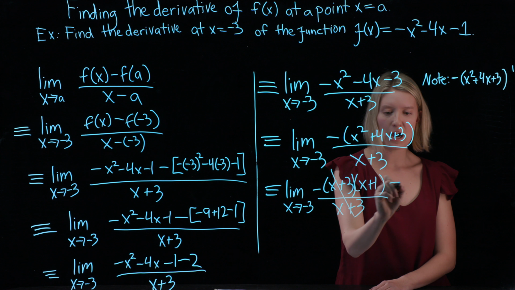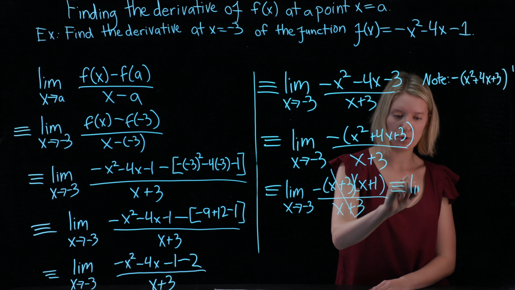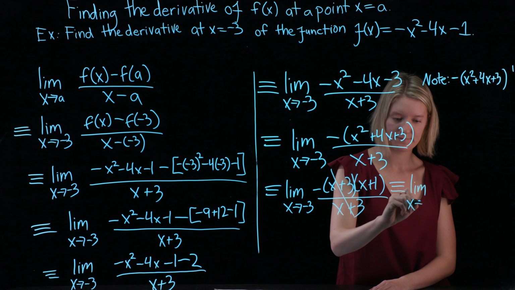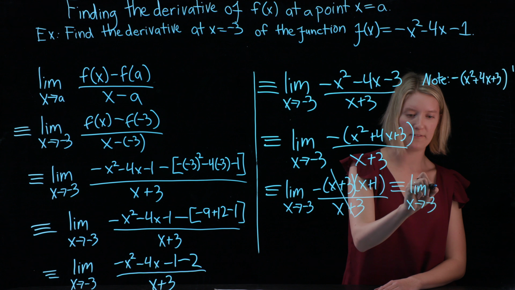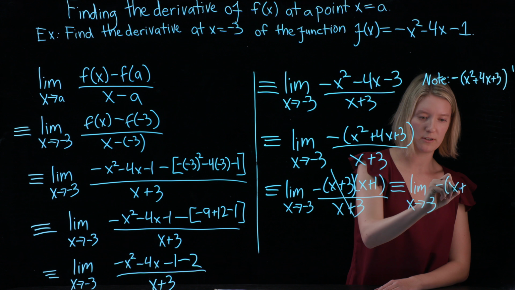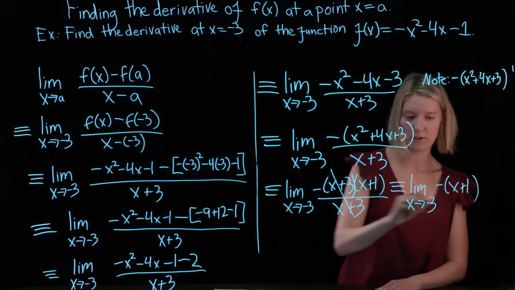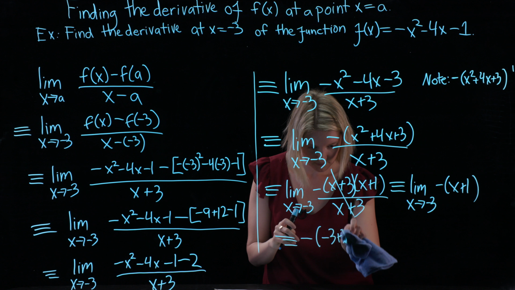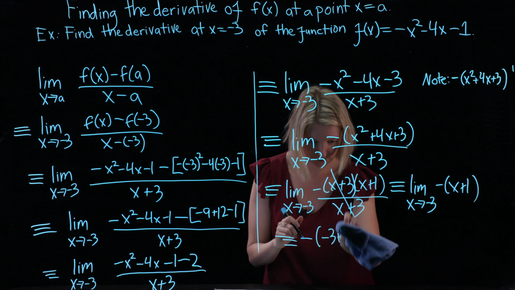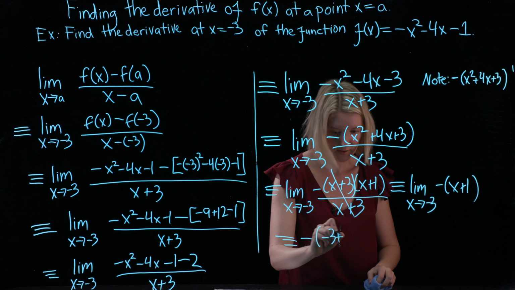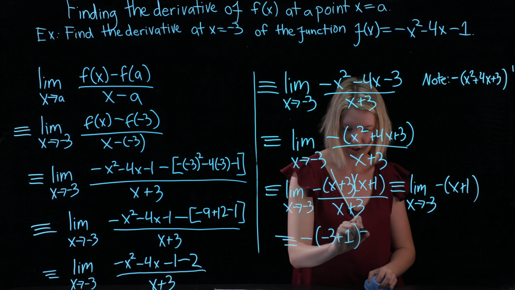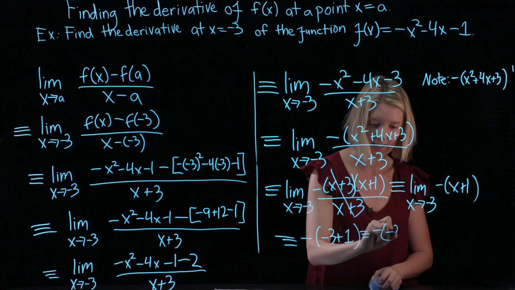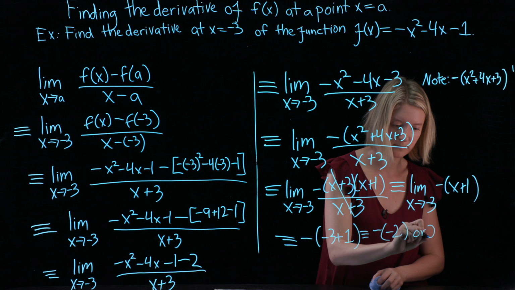So now I should finally be able to use direct substitution to calculate this limit. And I have negative x plus 1. So altogether, this would become negative of -3 plus 1, which is -2, so the limit is 2.